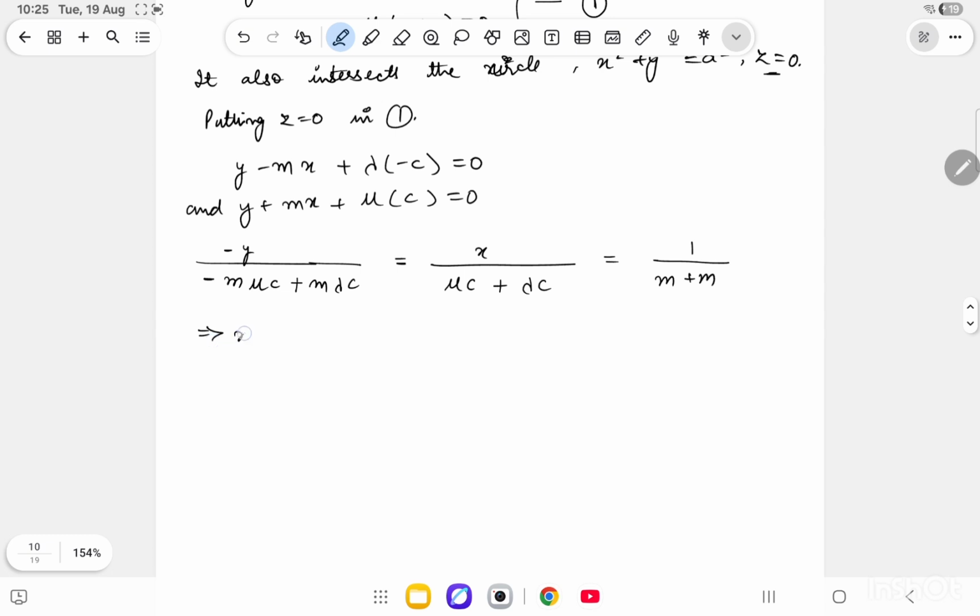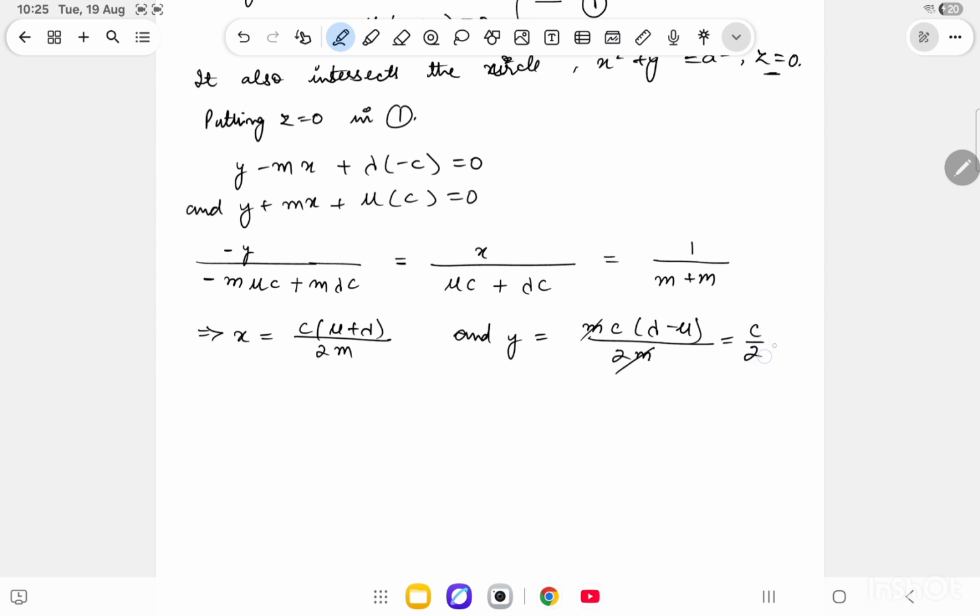So we got our x as c (mu plus lambda) upon 2m and our y as mc (lambda minus mu) upon 2m. This m balances out this one. So I got my y as c by 2 (lambda minus mu).